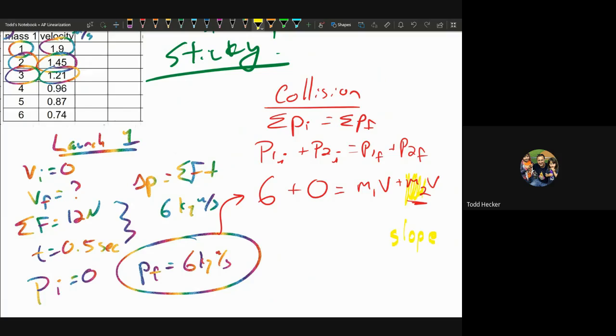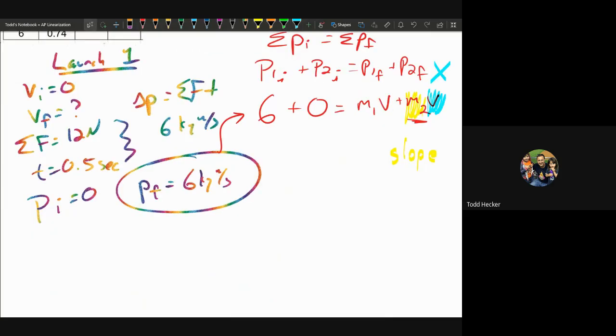If I do that, that means that this needs to go on my x-axis, and I've got to put everything else on the y-axis. So let's do this. I'm going to go 6 minus m1v equals m2v.